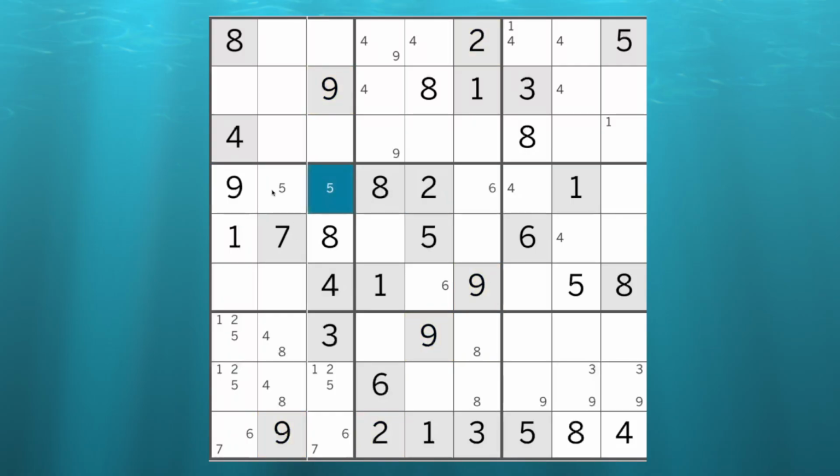This 2 means the 2 has to be on the bottom here and in the middle here. This 3 keeps the 3 out of there. And the 6 can be anywhere.